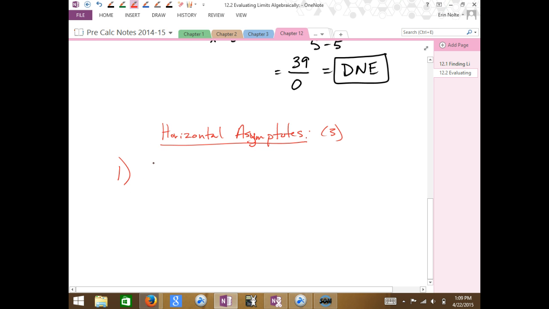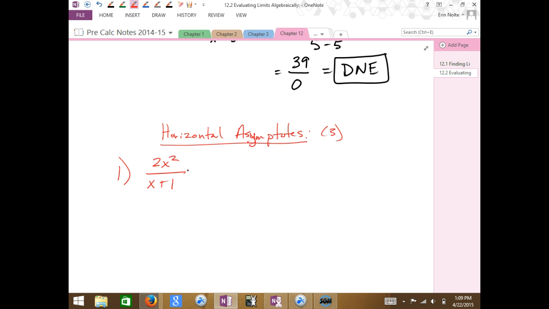I'm going to do this by example. The first case is if you have, let's say, 2x squared over x plus 1. When you are looking for horizontal asymptotes, what you are looking for is the biggest exponent on the top compared to the exponent on the bottom. So in this case, is the exponent bigger on the top or on the bottom?